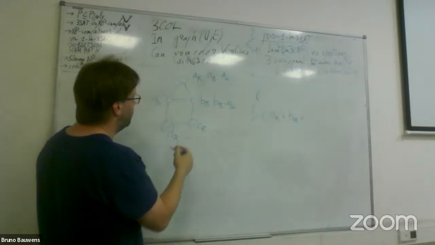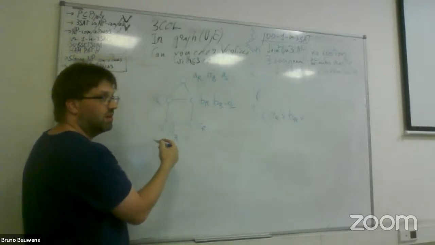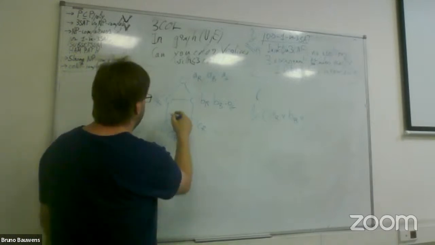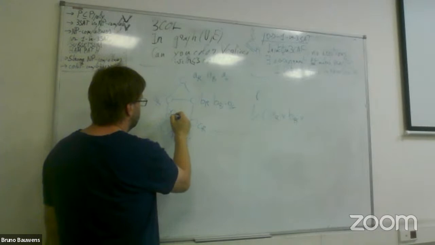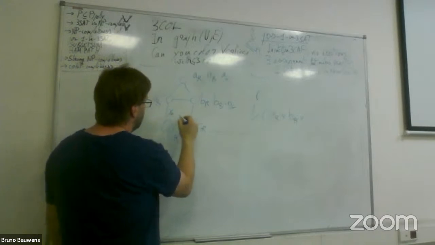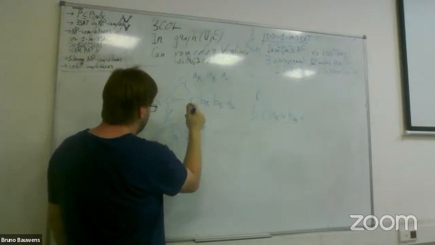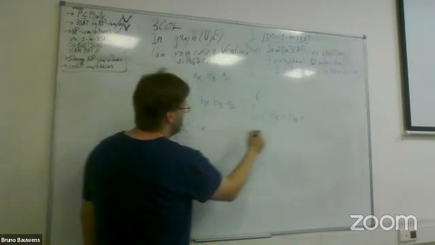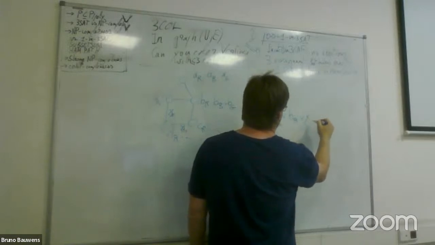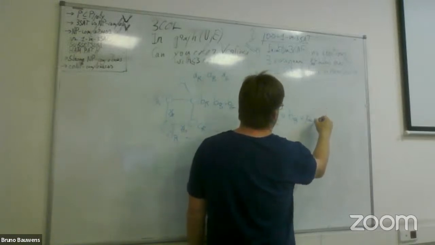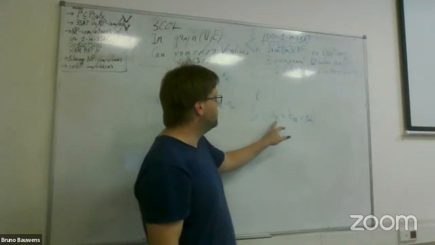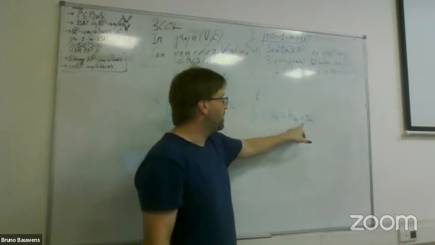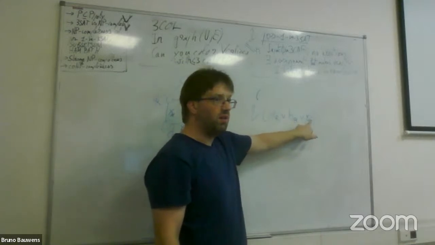So for every edge, we need a dummy variable. I will call it y, for example: Y_DE, and here Y_DC, and I need to add Y_AB here. This is for the case that both A_R and B_R are equal to 0. Then we can set this one equal to 1.